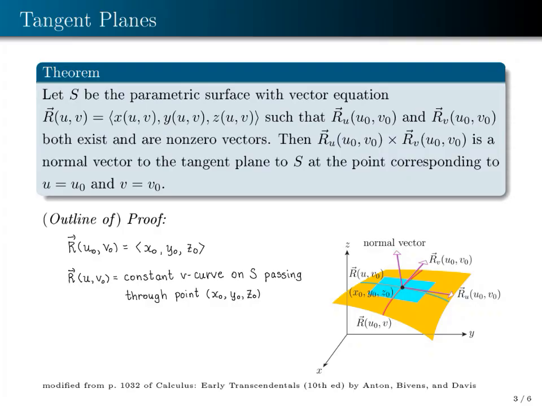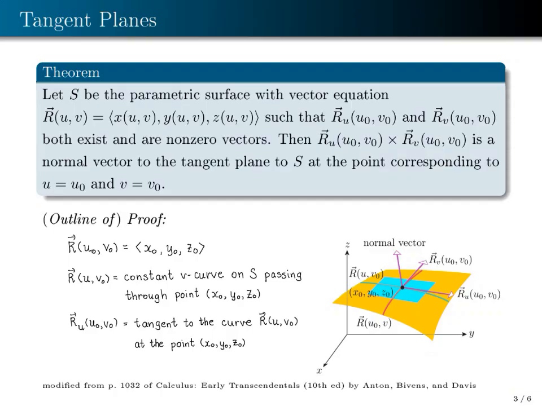Note that r of u, v0 is a vector equation in one parameter u. Since we assume that the partial of r with respect to u at u0, v0 exists and is non-zero, then from Math 22, we have r_u at u0, v0 to be a vector that is tangent to the curve r of u, v0 at the point x0, y0, z0 in the direction of increasing u.